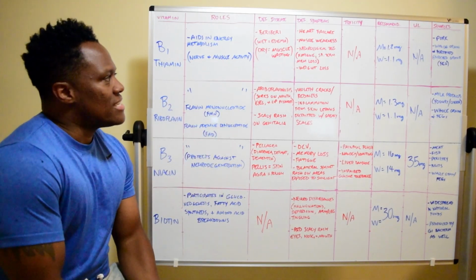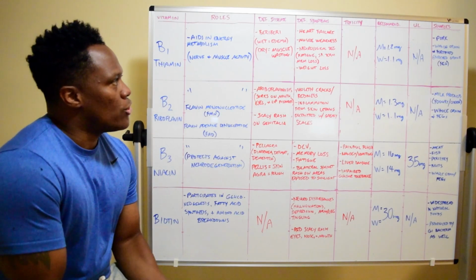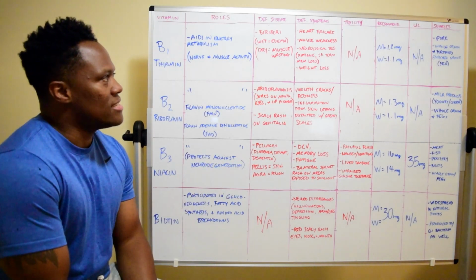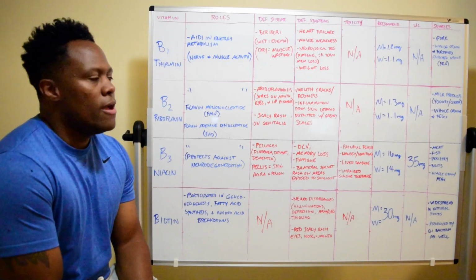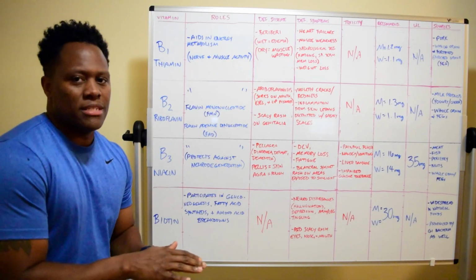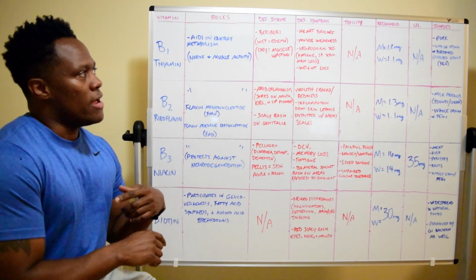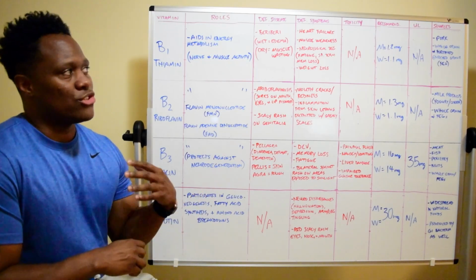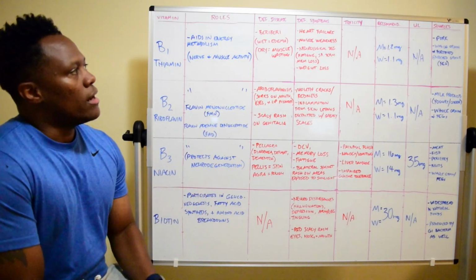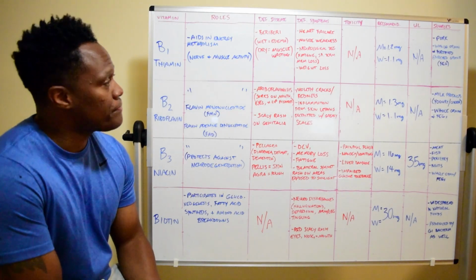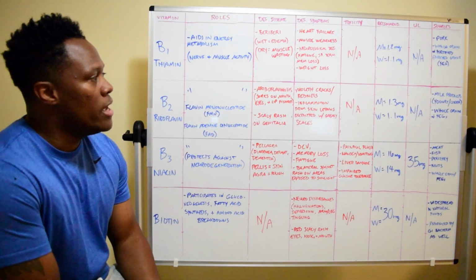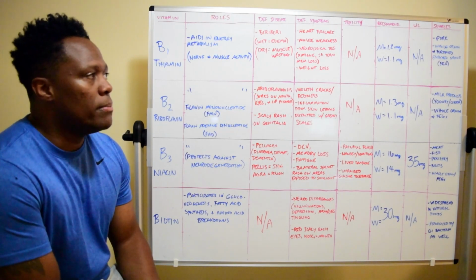There's no toxicity established for thiamine, so of course there's no upper limit, because the relationship between toxicity and upper limits is direct. If there's no toxicity established, then there's no UL established. Recommendations: for men, 1.2 milligrams a day, and for women, 1.1 milligrams a day.